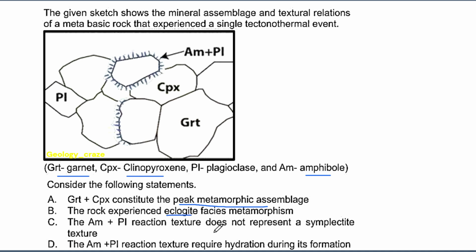These things came to my mind at that time, because I know the mineral assemblage of eclogite as well as the peak metamorphic assemblage. In the peak metamorphic assemblage we are getting garnet and CPX. It means it is a granulite grade of rock.